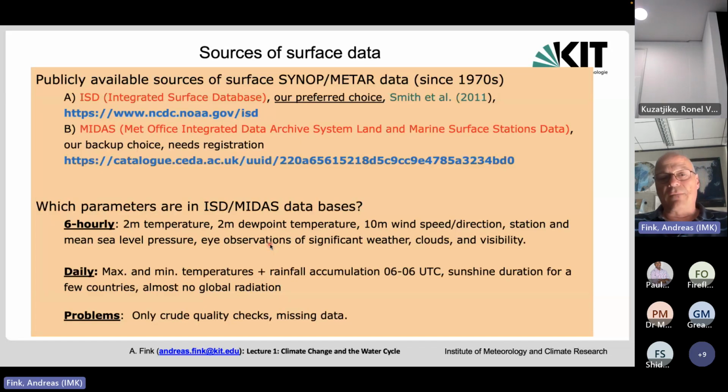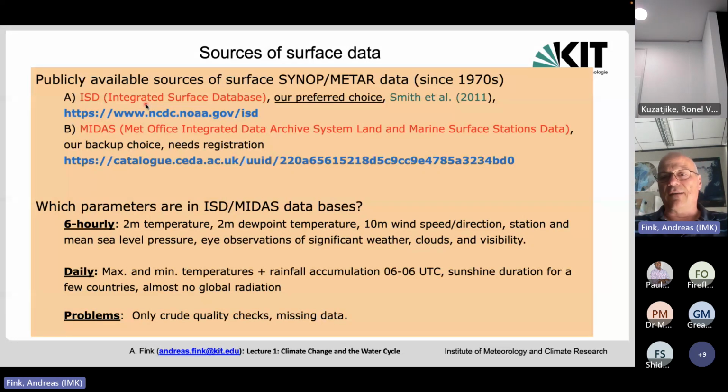Okay, if you are doing a PhD and you need weather data, I have listed here some sources of weather data that are freely available. So here, that's in the US, they collect the weather data that the National Weather Services submit to the global network and archive them.